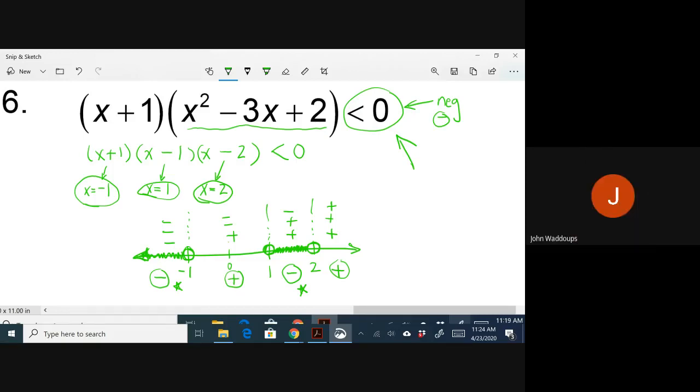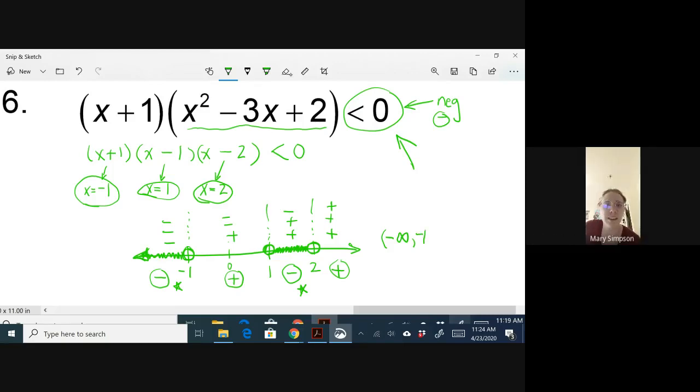So our solution set then starts at the left. And what's the leftmost number? Negative infinity. And where does it go to? Negative 1. What do I write at negative 1? The bracket. Parenthesis. Why?